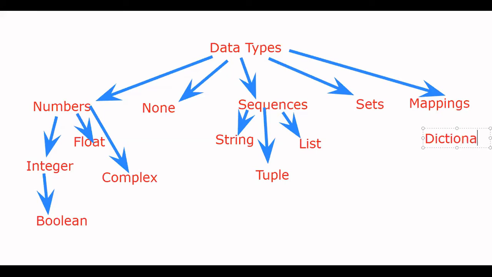Again, we are going to learn dictionary this year. So these are the broad data types of Python. Any value in a variable will be one of these. If it's a number, it will be integer, float, or complex, or Boolean. If it's a sequence, it will be a string, list, or tuple. If it's a mapping, it's going to be a dictionary.